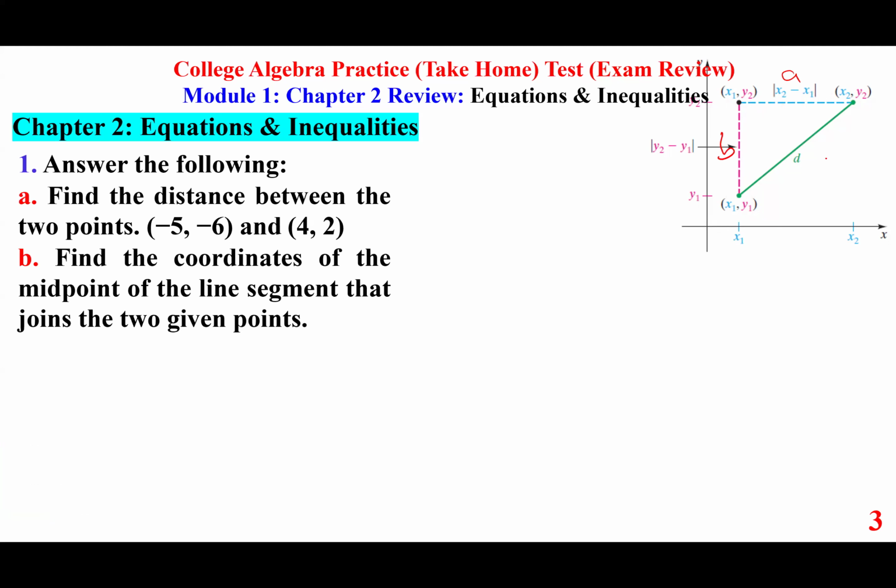If we call this ABC, according to the Pythagorean theorem, a squared plus b squared equals c squared. And therefore, the distance becomes the square root of (x sub 2 minus x sub 1) quantity squared plus (y sub 2 minus y sub 1) quantity squared.